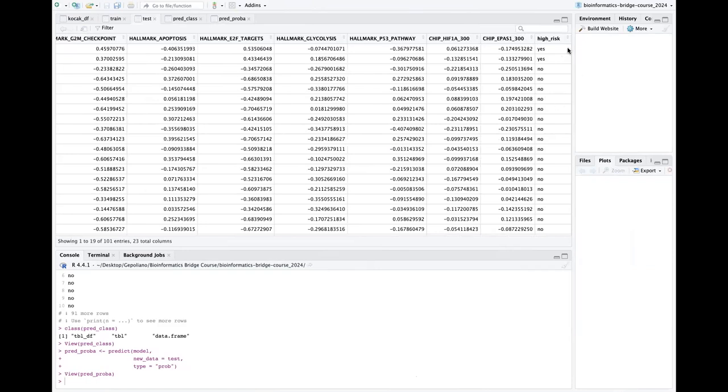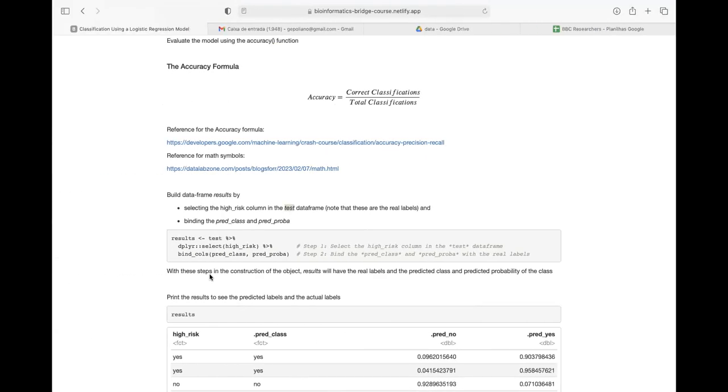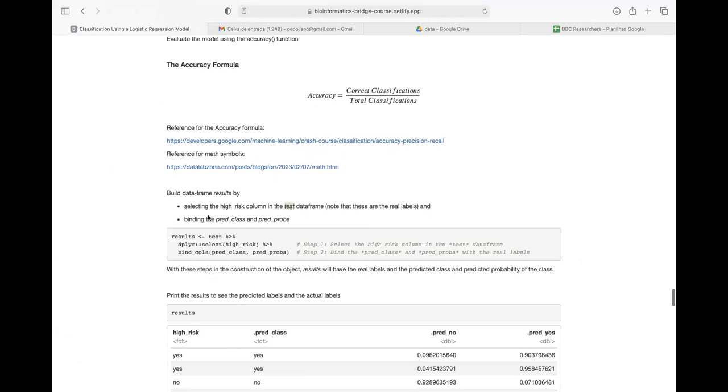these are true labels, correct? These are real labels. The high risk column here is real. We know that this patient is high risk, this patient is not high risk. So the first step is we select the high risk column in this test data frame. As I said, they are the real labels.